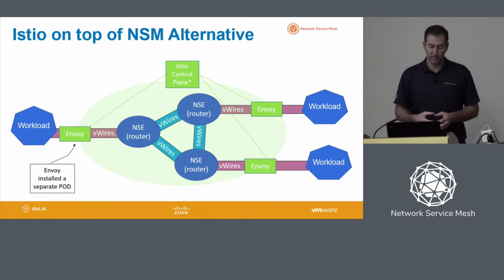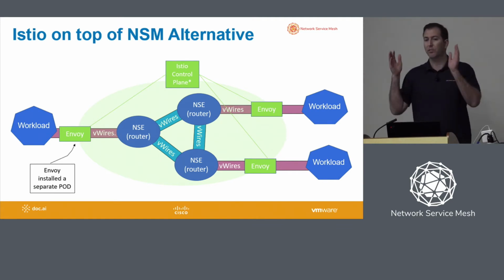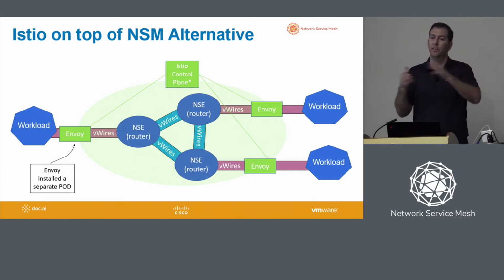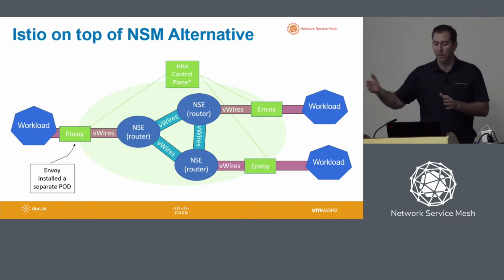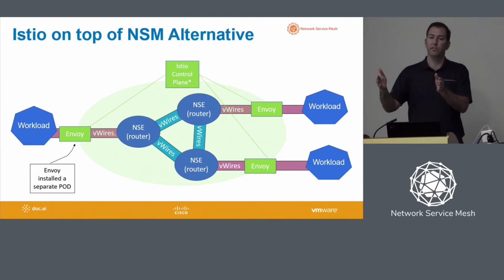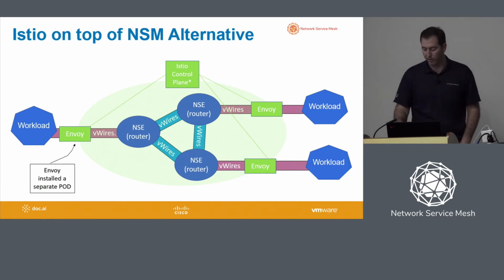So this model is akin to having Envoy itself be a network service that NSM controls. A network service endpoint. So remember, a network service is a collection of one or more network service endpoints that are providing the service to clients. So if you had this model, Envoy would be another network service endpoint in the same network service as the virtual L3 network service endpoint.